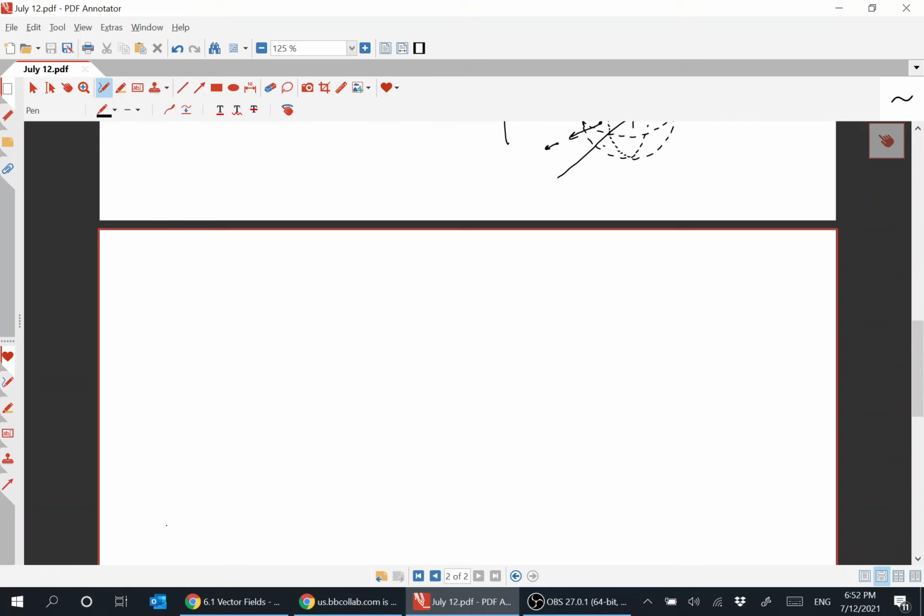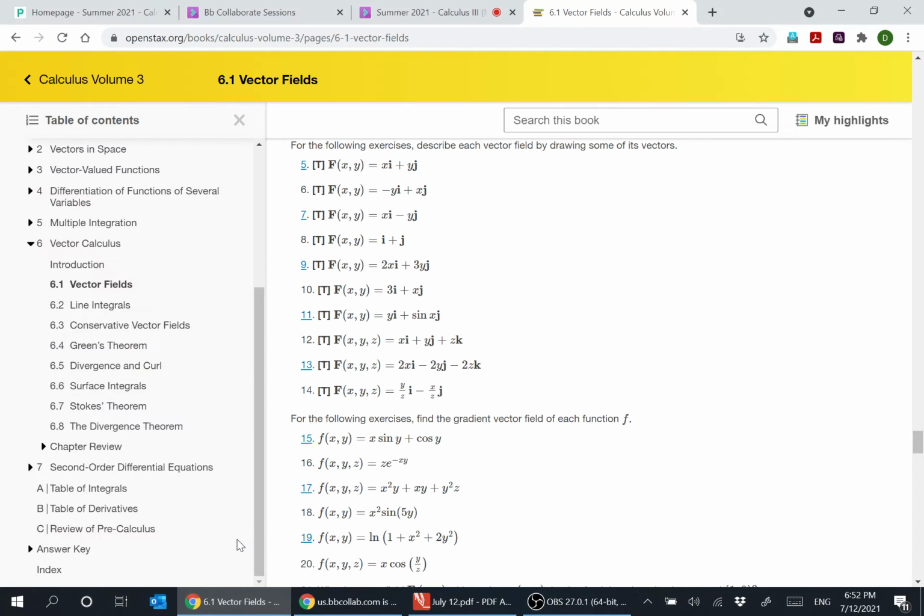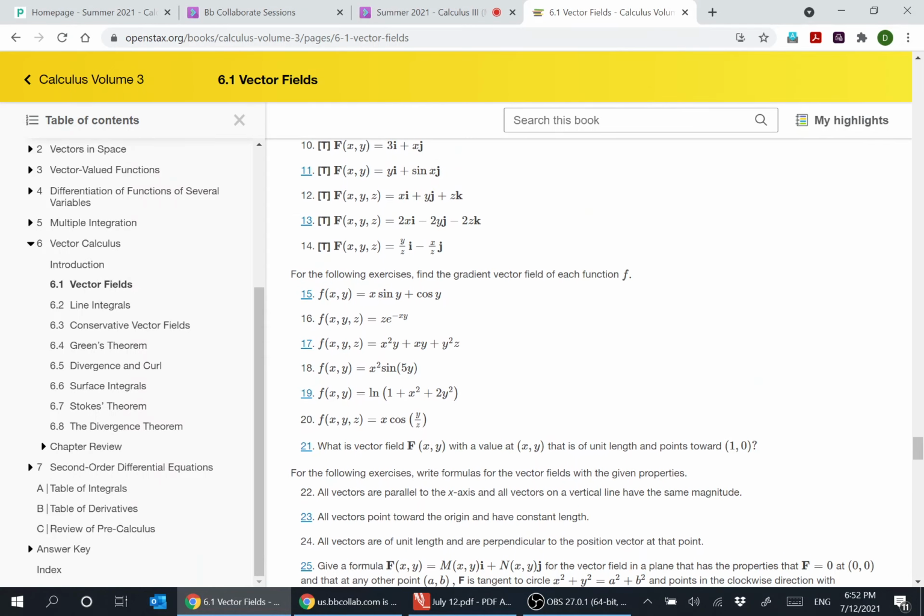Let's see, what else do we have? Number 18. Given a two-variable function f(x, y), or a three-variable function f(x, y, z), a two-variable function has associated with it a special vector field in two dimensions.